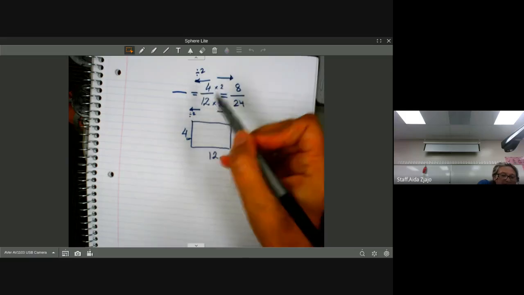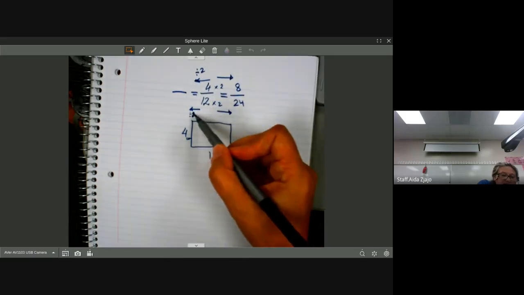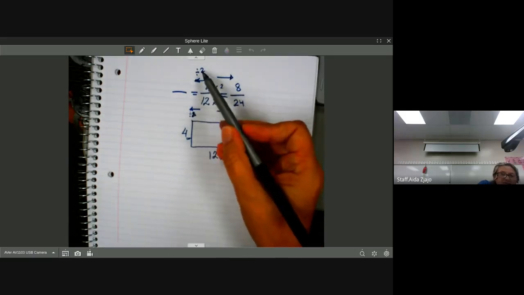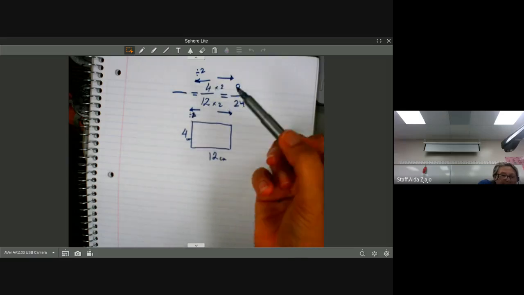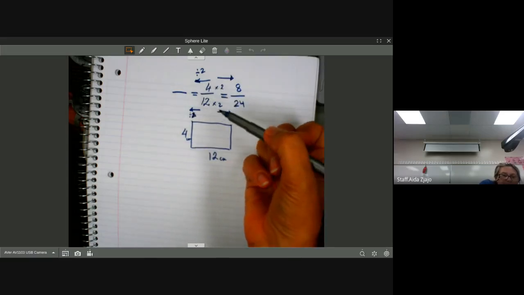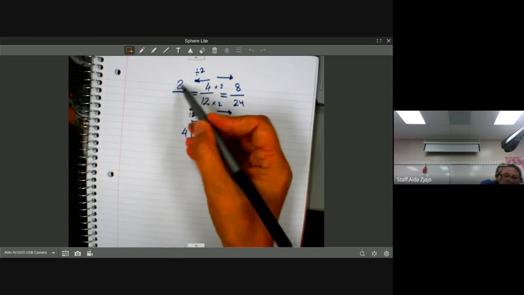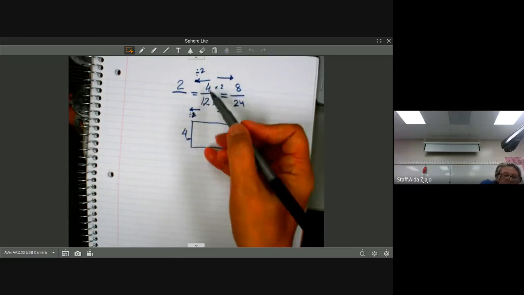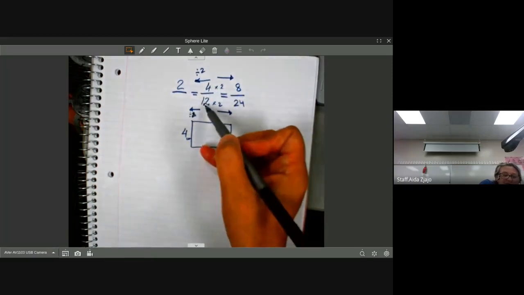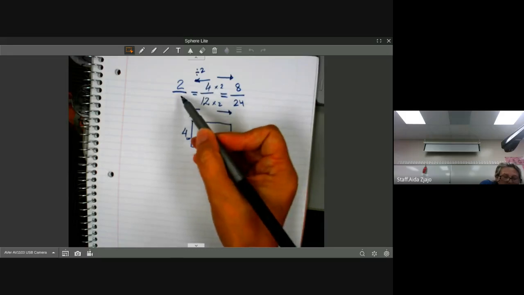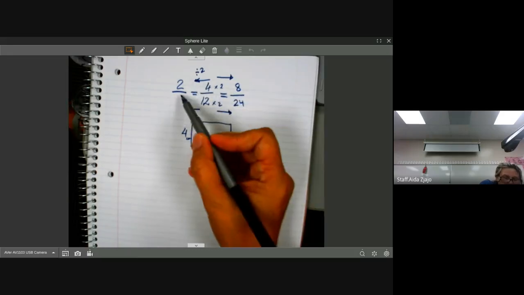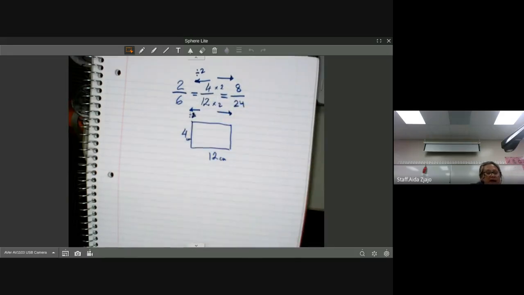Who knows what the division is? If I divide 4 into 2, it equals what? What times 2 equals 4? 2 times 2 is 4. And what is 12 divided by 2? 6. Bravo. So that would be the similar rectangle.